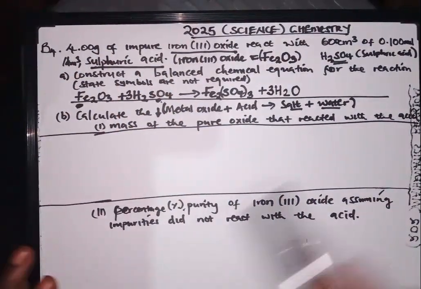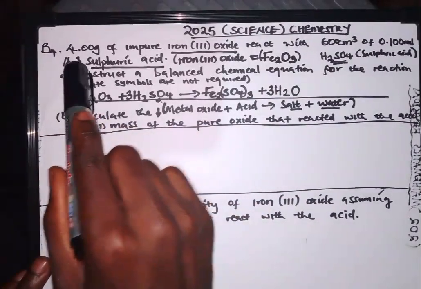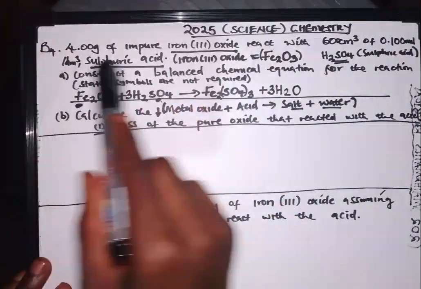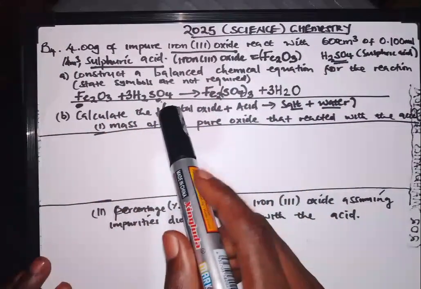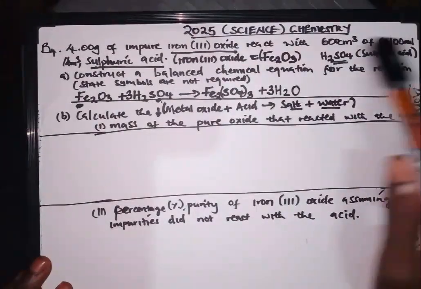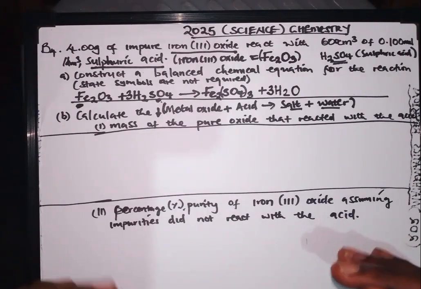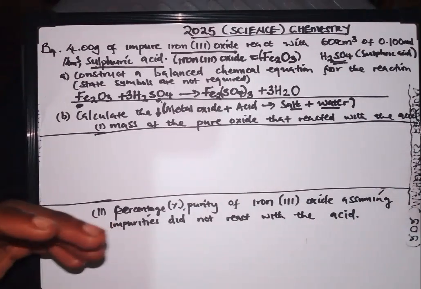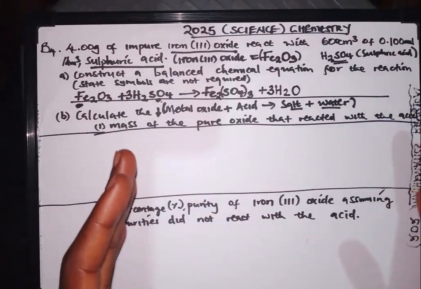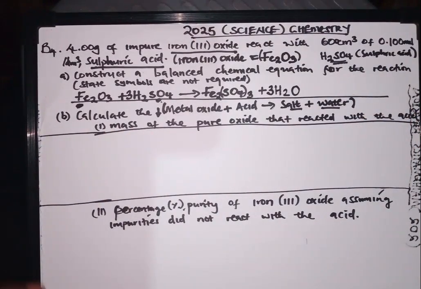So whenever you have mole per decimeter, remember this is what? Concentration. So step 1, before you start solving, you need to compare the units, as I've been telling you all the time.